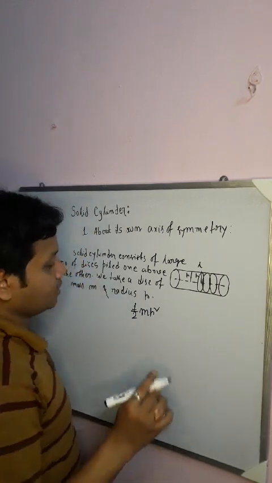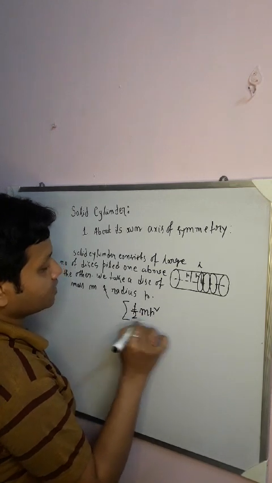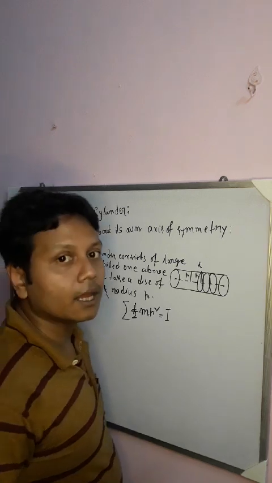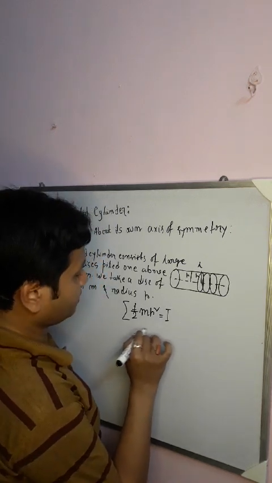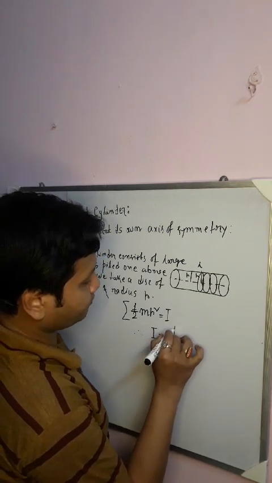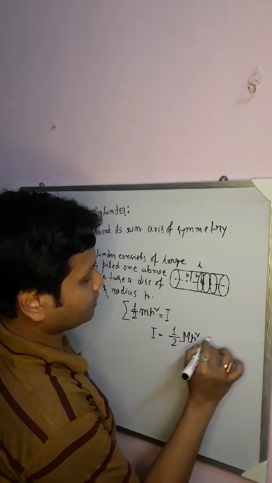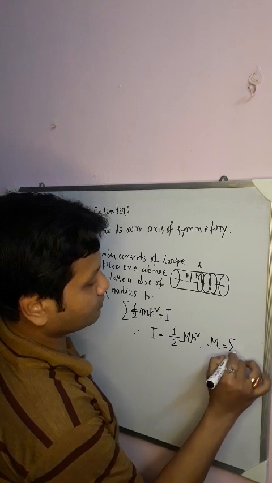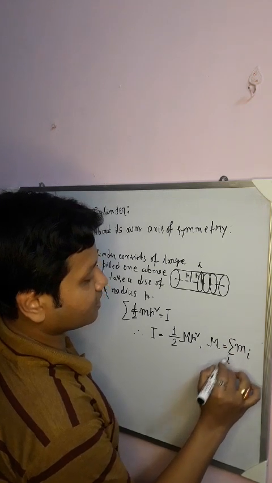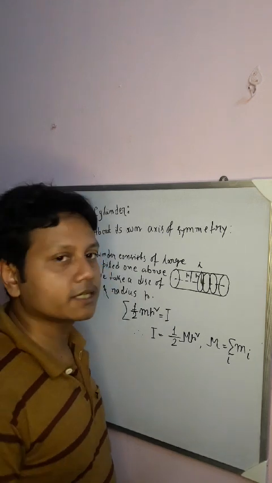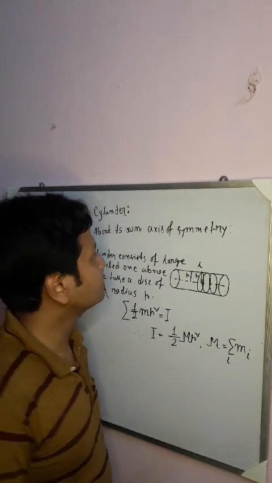If we take the summation, we get the moment of inertia of the entire cylinder about its own axis of symmetry. So the result will be half capital M r square, where capital M is the entire mass of the cylinder. This is the expression about its own axis of symmetry.